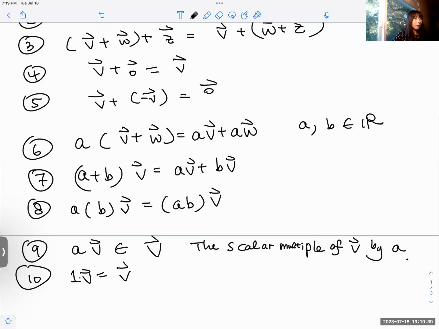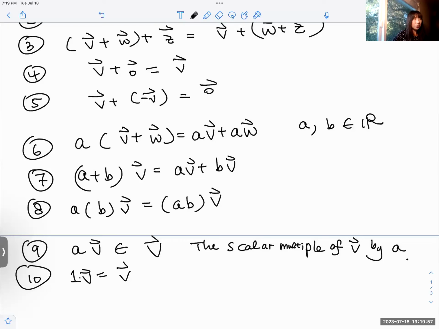Now, I don't want to show that something is a vector space directly, because there are too many axioms. So I'm going to just say that R3 is a vector space.